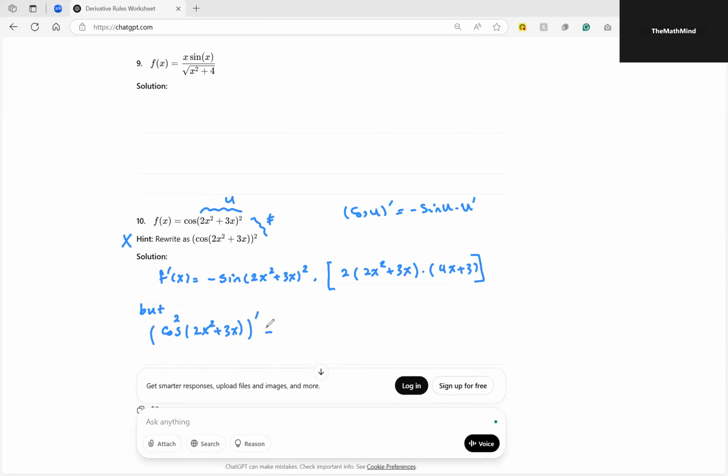So the derivative of this function is going to be 2 cosine (2x squared plus 3x), and then multiplied by u prime here. Okay, the base is negative sine, so it's going to be negative sine (2x squared plus 3x). And it is multiplied by 4x plus 3.